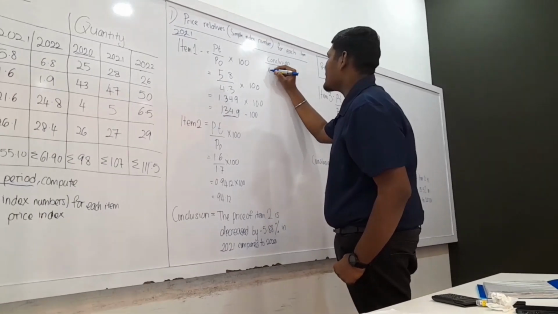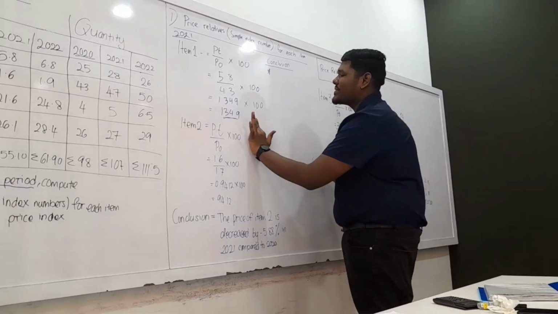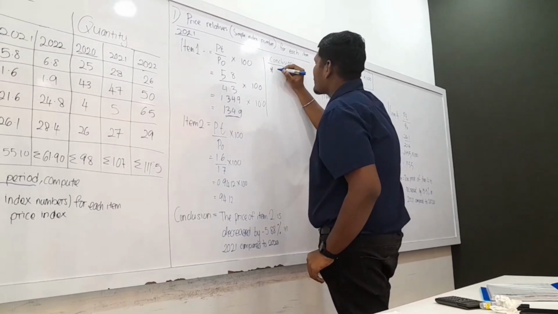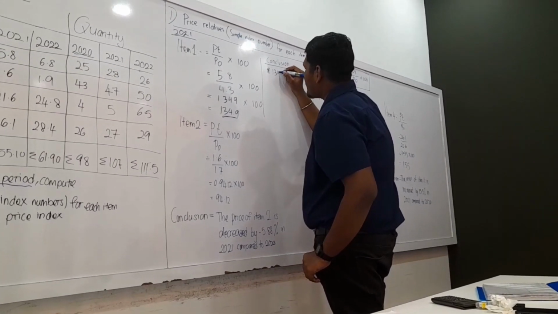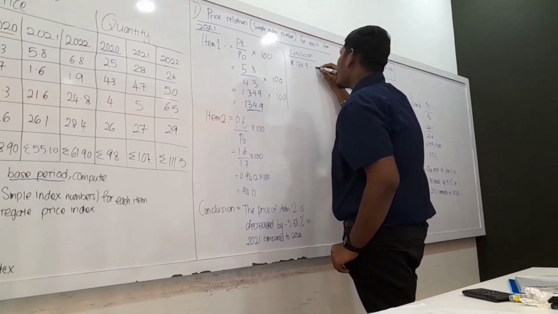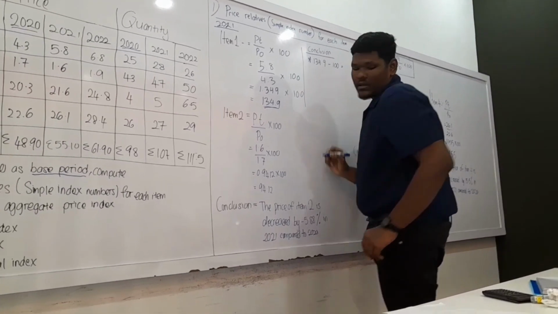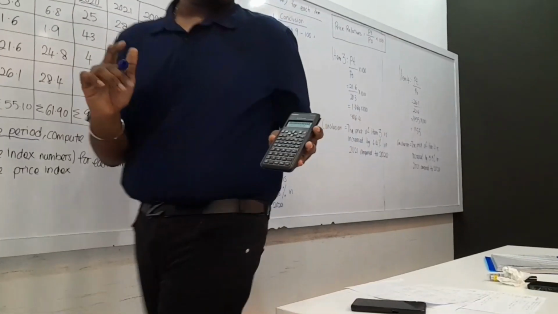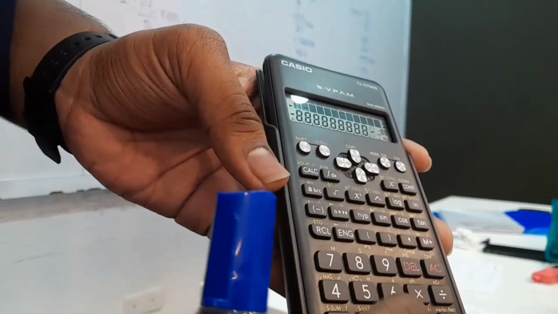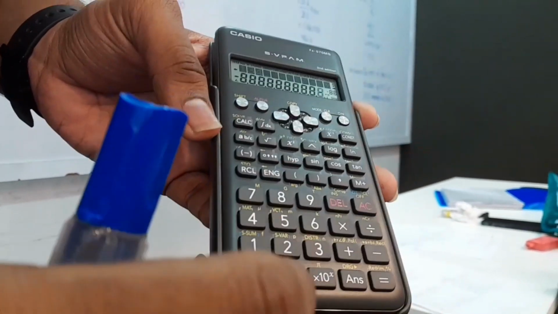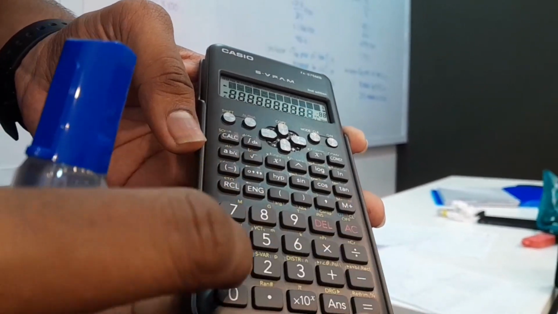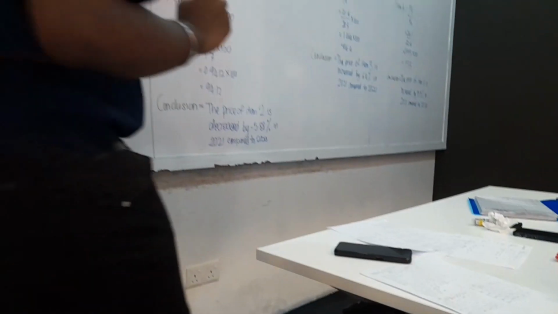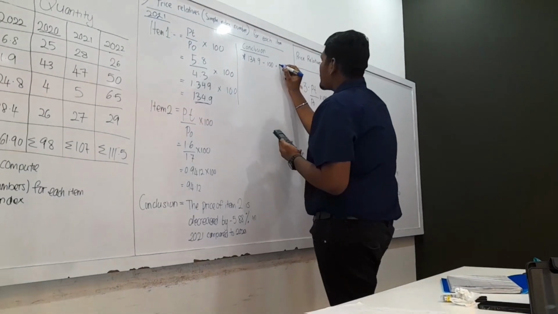Let's do the calculation right here: 134.9 minus 100 is 34.9. So this is the answer, 34.9.